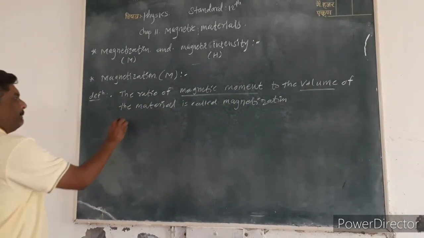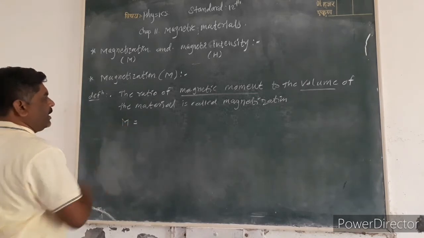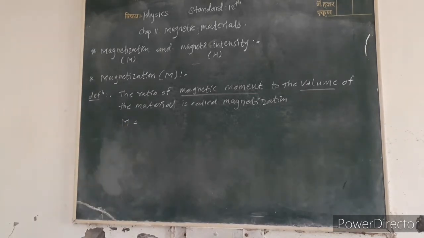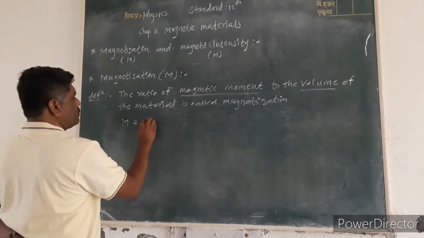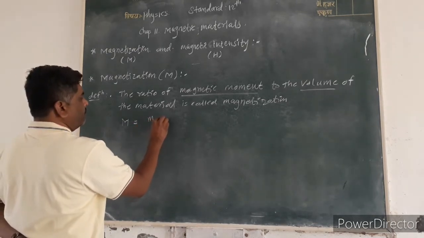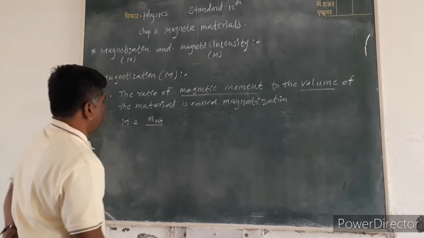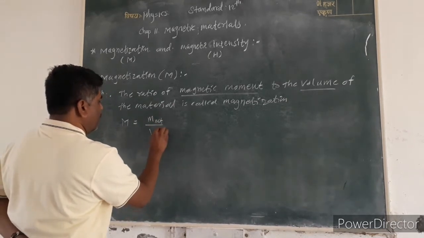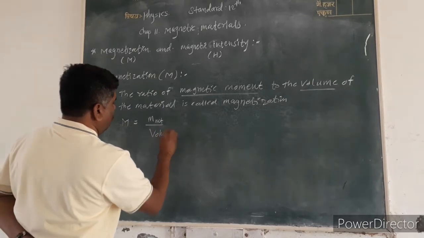That is, M is equal to m net, that is the net magnetic moment, divided by volume.